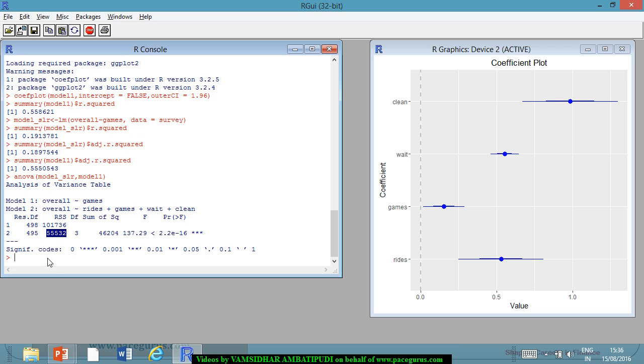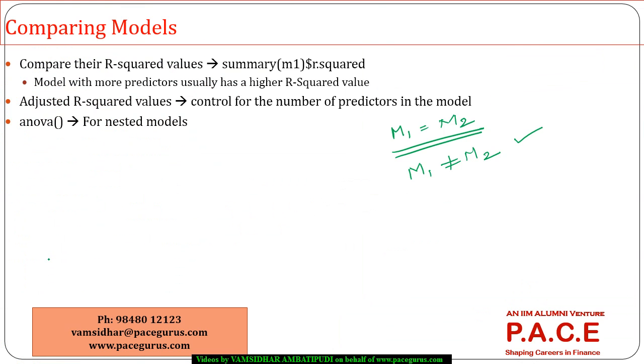So I could say that the second model is much more preferred compared to the first model. So this is how we can get into the comparisons of the models. Either I can look at their R squared or the adjusted R squared, or in some cases I can even go for ANOVA as a comparison between the models.